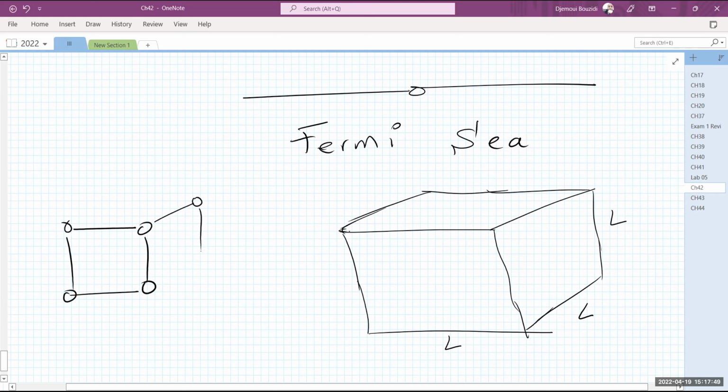This one has an implication later on in semiconductors. So this is called an SC, or simple cubic structure.